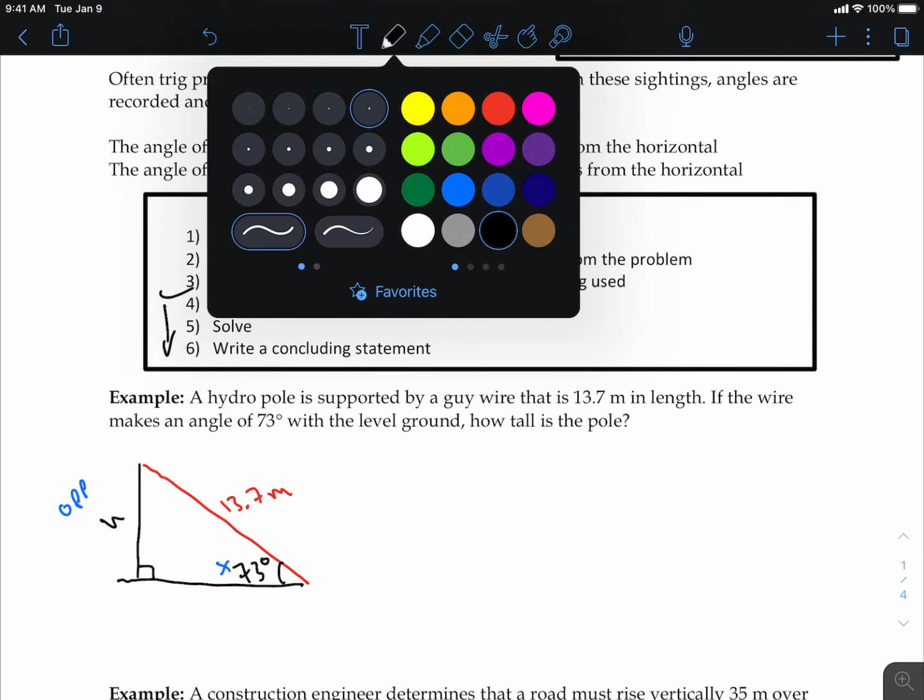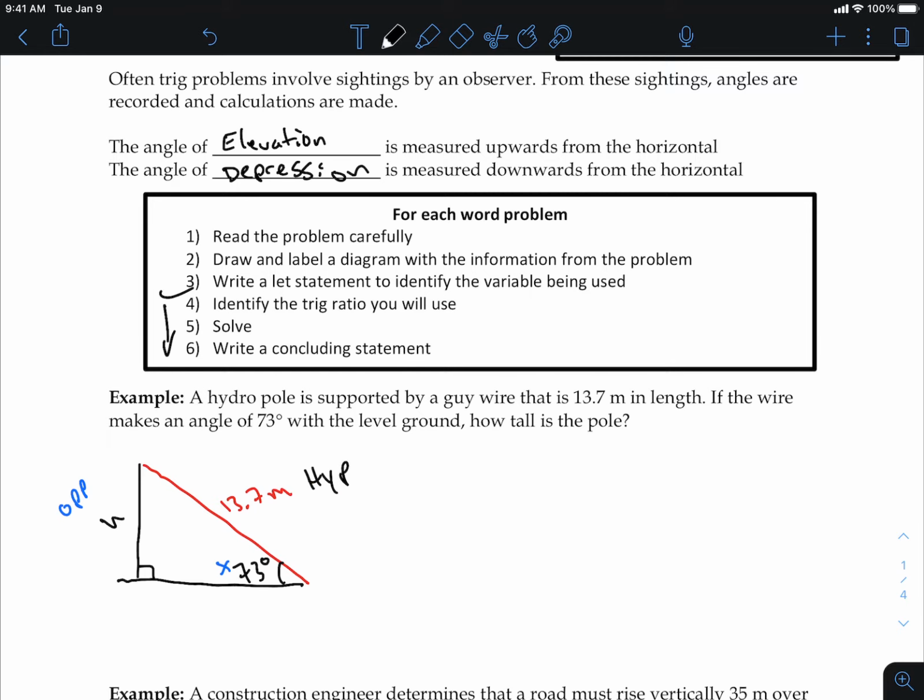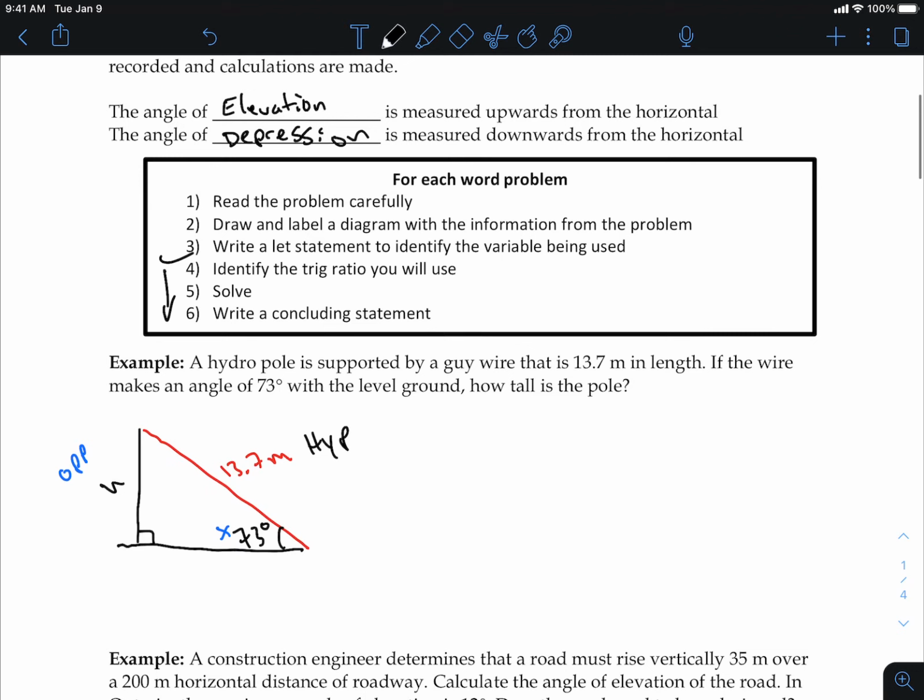And I know the hypotenuse is 13.7. Once you know those 2 things, you can select a primary trig ratio to use, and away you go. That's just a question from this morning.